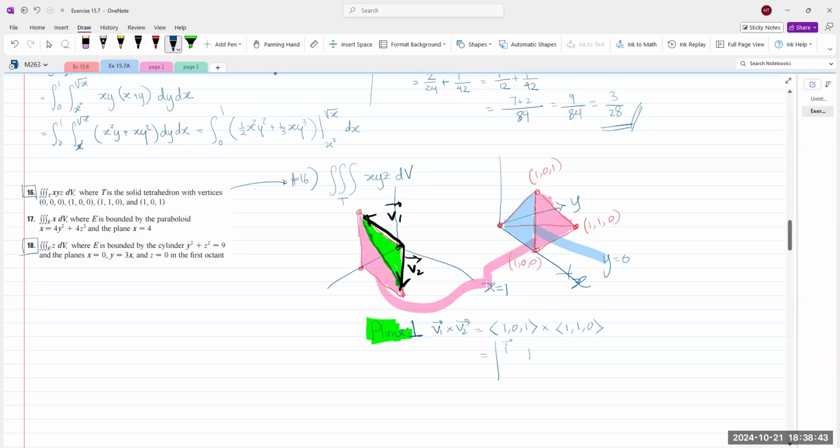Setting up i, j, k, 1 0 1, 1 1 0, the first component is -1, the second is 1, the last is 1. So that green plane is -x plus y plus z. It passes through the origin, so it must be -x plus y plus z equals 0.